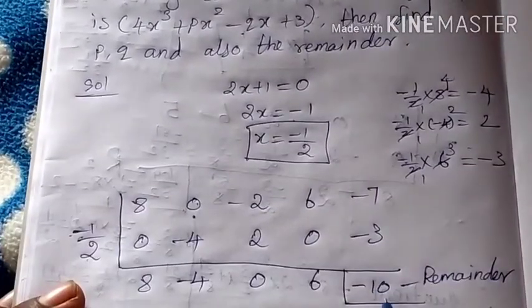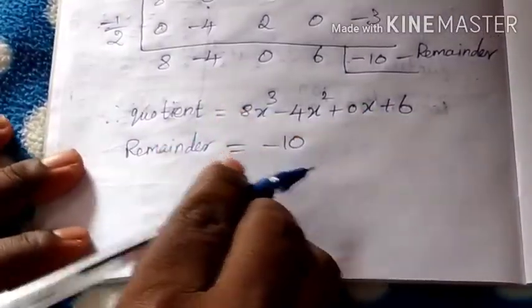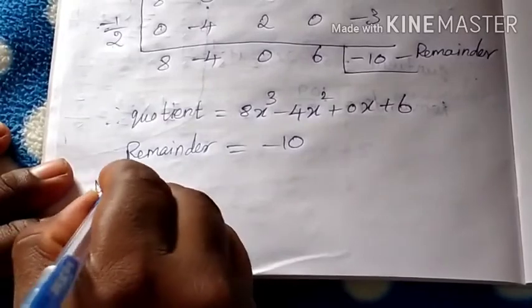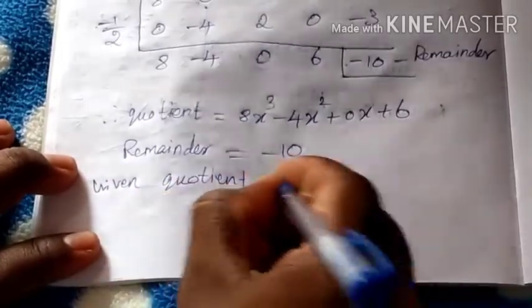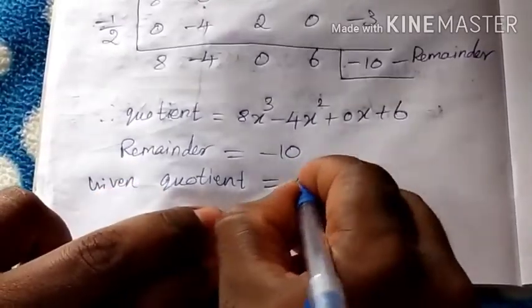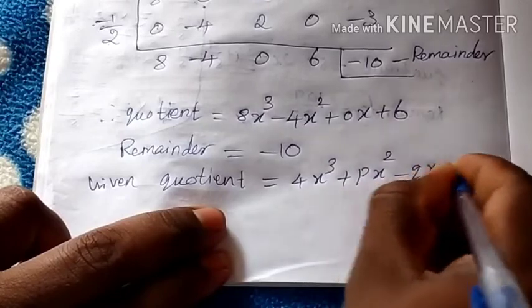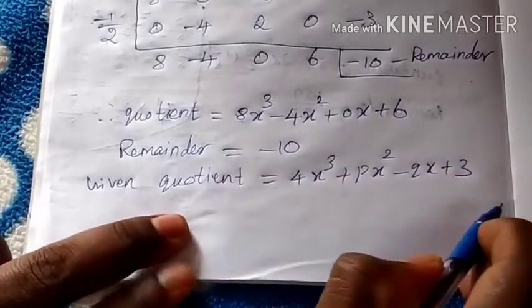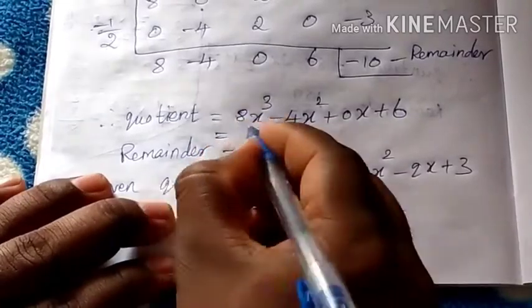Okay, next we find the value of pq. The given quotient is equal to 4x cube plus px square minus qx plus 3. Now comparing both the quotients, this is the final quotient.